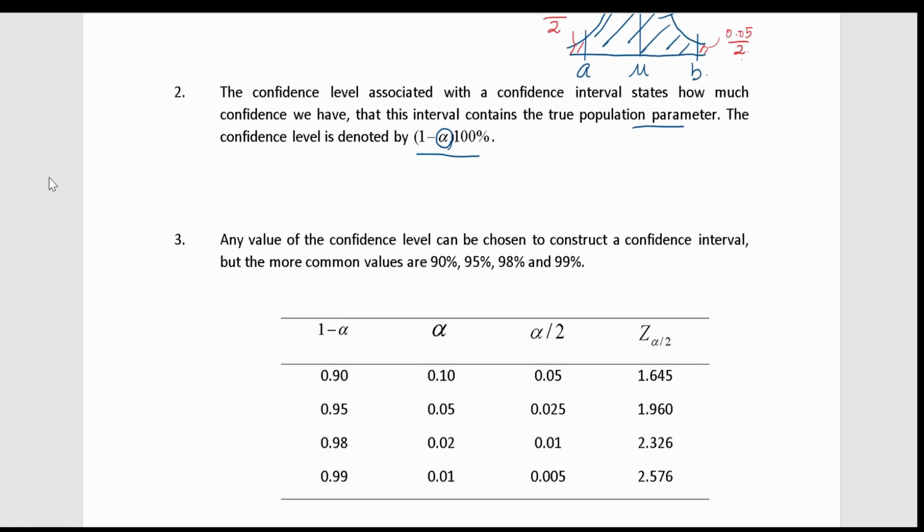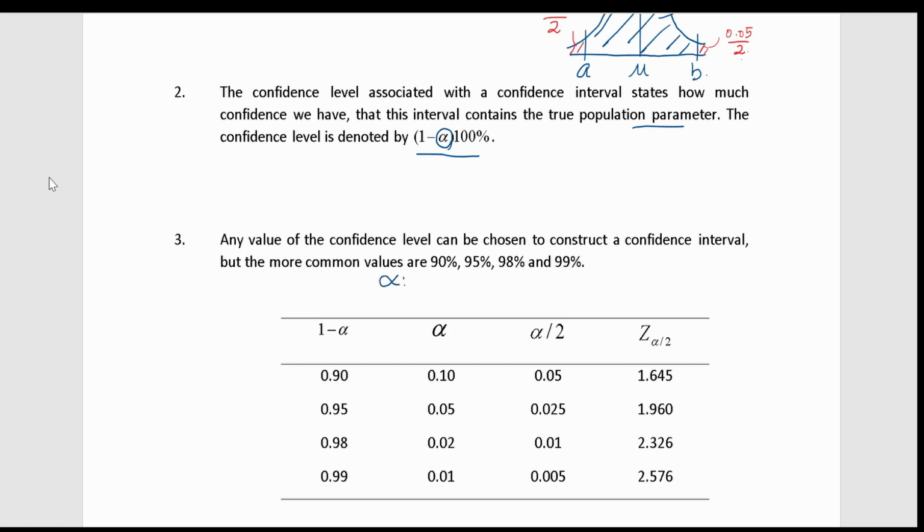Point 3: any value of the confidence level can be chosen to construct a confidence interval, but the more common values are 90%, 95%, 98%, and 99%. So what is alpha here?